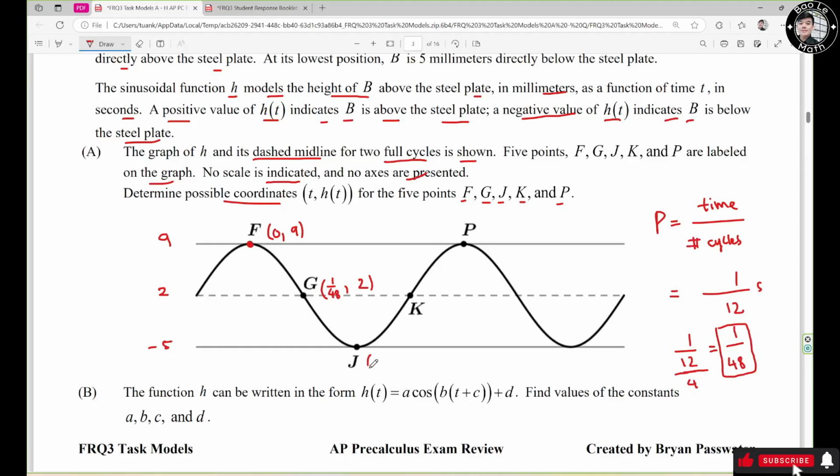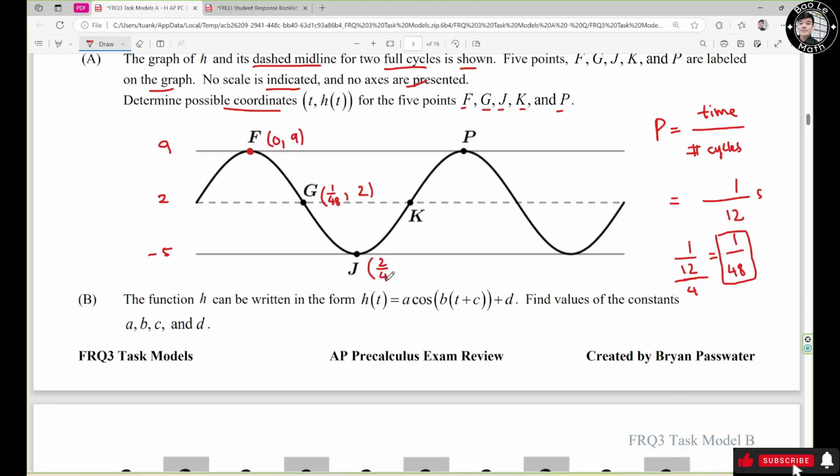So this one should be 2 over 48, and then the y coordinate should be -5. Now this one should be 3 over 48, and then the y coordinate should be 2. And point B right here is going to be 4 over 48, 9.